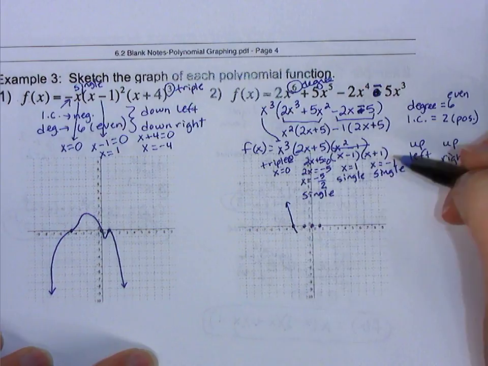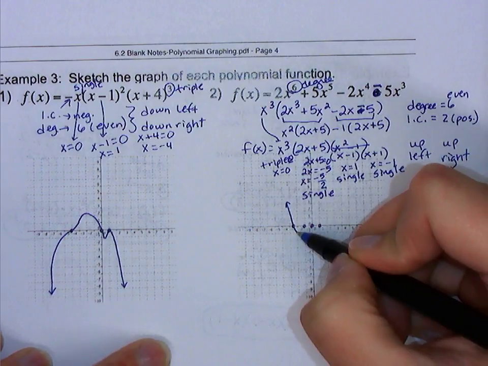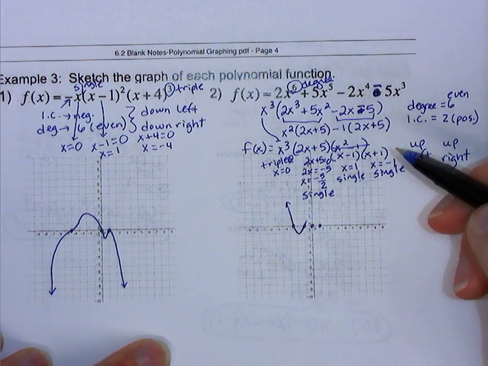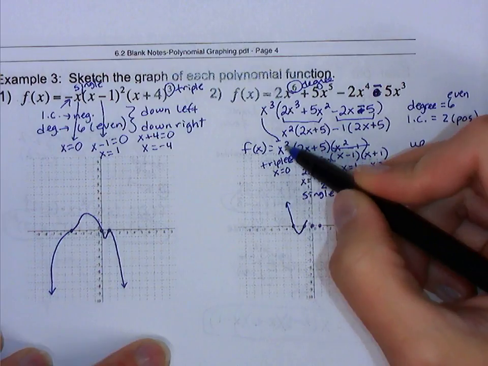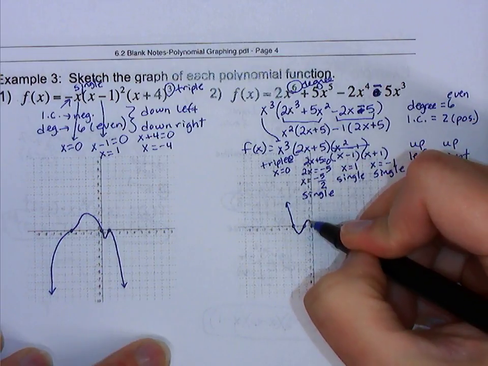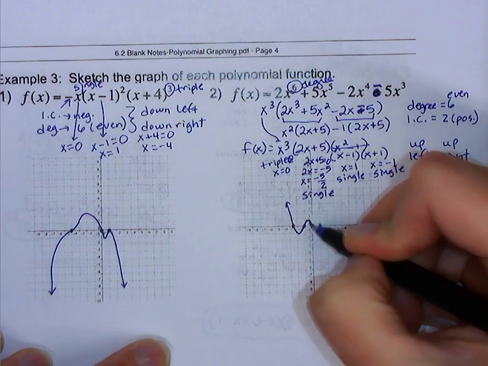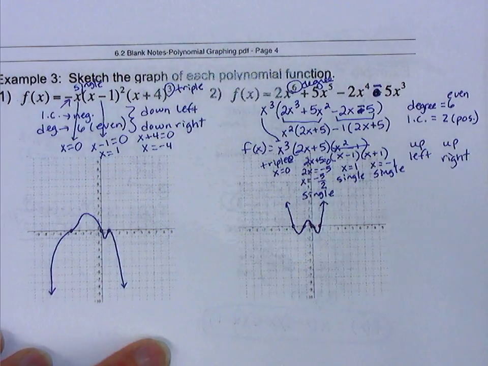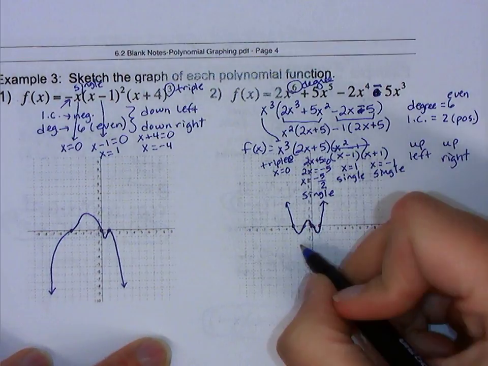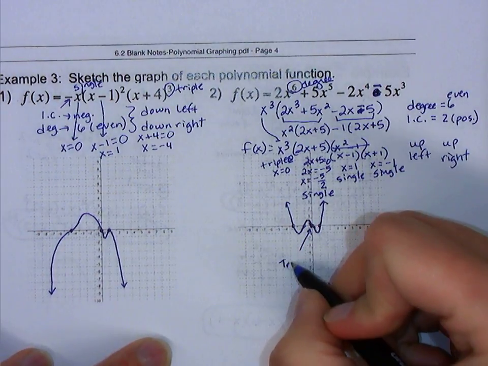And then negative 1 was a single, so go back up, straight through it. 0 is a triple, so you're going to come down, curve, go through, and flatten out there. It's going to be kind of tricky to do that, but make it look like it flattens out. And then 1 is a single, so just go straight through it. So right here, just try to flatten as much as you can.